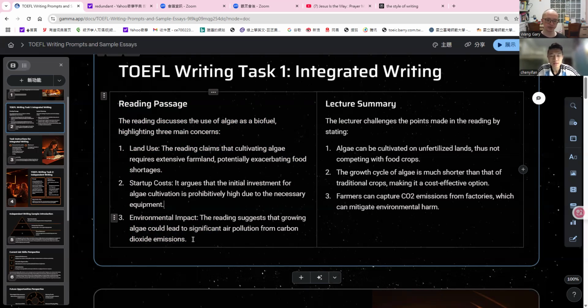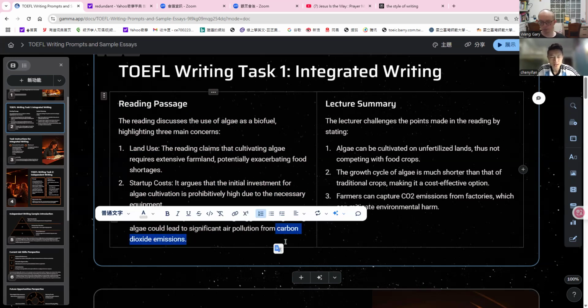Number three, the environmental impact. The reading suggests that growing algae could lead to significant air pollution from carbon dioxide emissions. These are so important. Carbon dioxide emission.